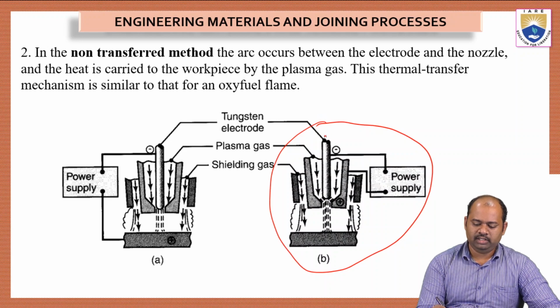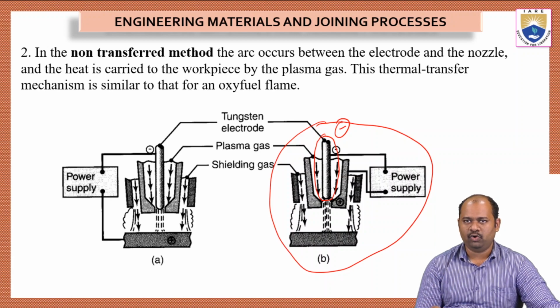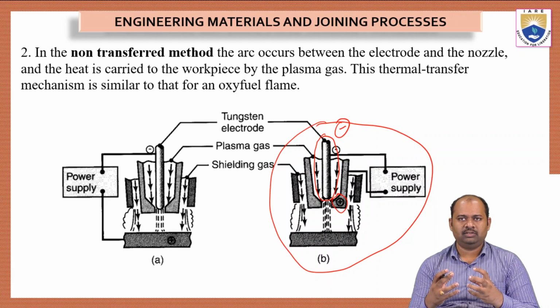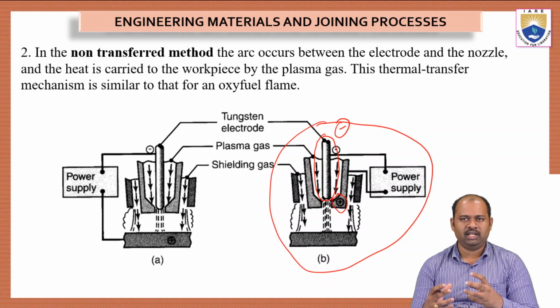See here, this electrode is negative, and the positive pole is connected to the nozzle itself. Due to this flow of electricity between the nozzle and the electrode, we can see the formation of plasma arc. Using this plasma arc, we can directly weld any kind of metal plates without the metal plate needing to be highly electrically conductive.